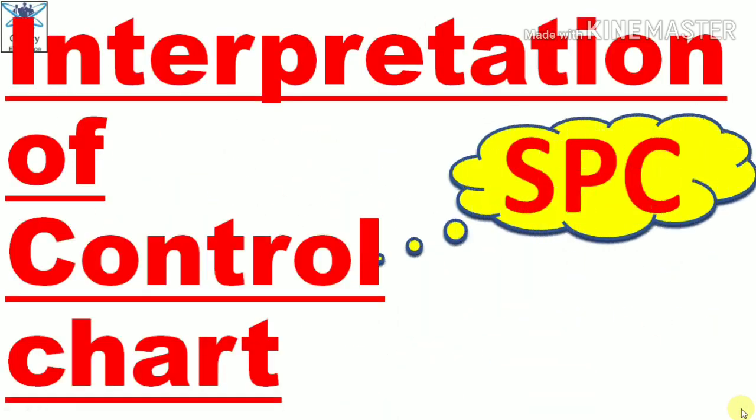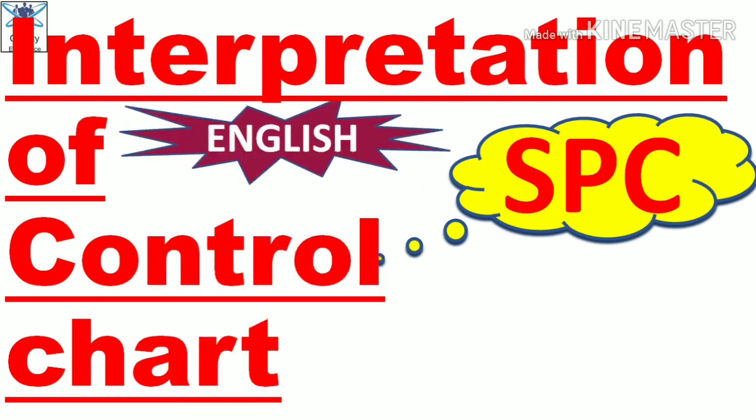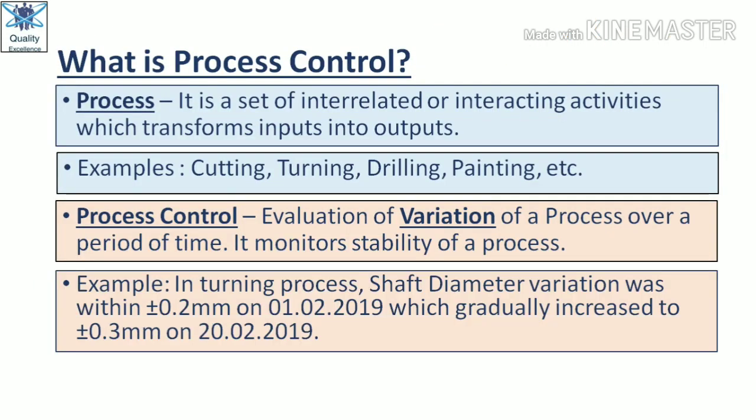Today we are going to discuss interpretation of control chart, which is a part of SPC, that is statistical process control. Now let us know what is process control. For that we need to know what is process first. It is a set of interrelated or interacting activities which transforms inputs into outputs.